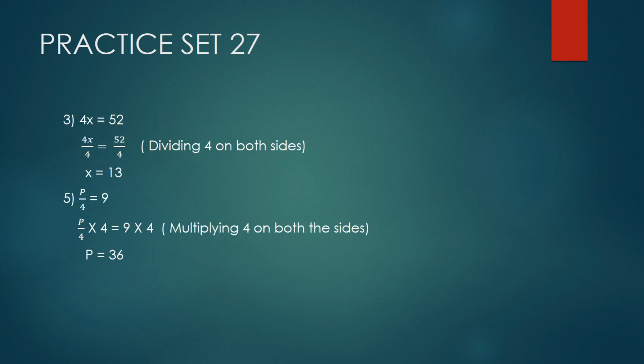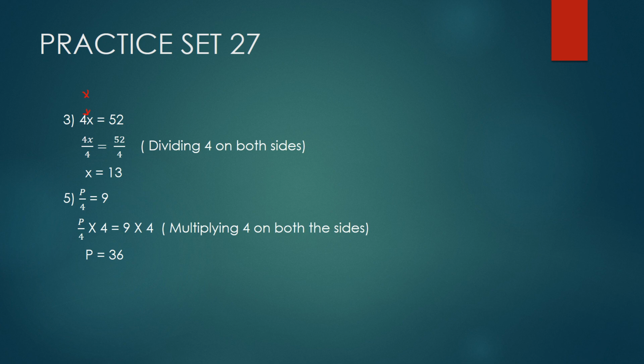Now, in this we have something a little different from the previous one. The question says 4x is equal to 52. 4x is equal to 52. As we had discussed, when there is no sign in between a number and a variable, it is considered as multiplication.